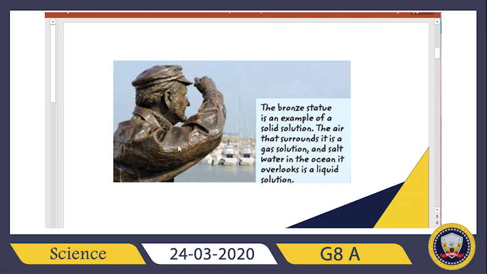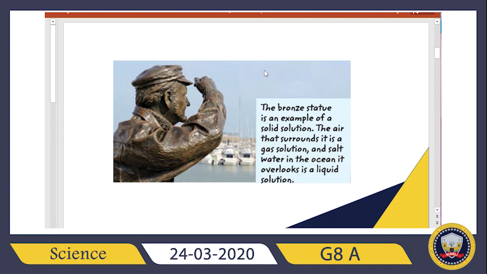This bronze statue is an example of a solid solution. We use bronze most of the time in statues, and it's an example of a solid solution. The air surrounding this guy here is a gas solution, and we are breathing it.